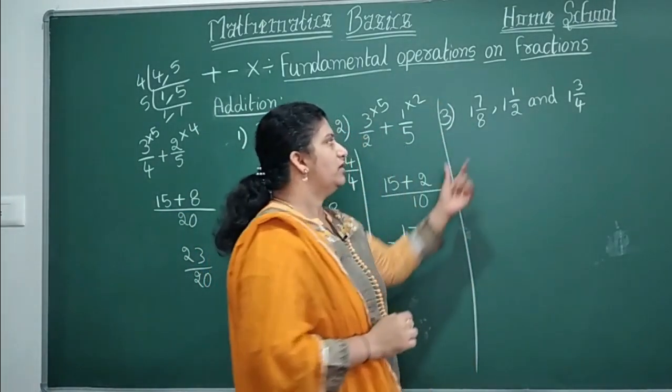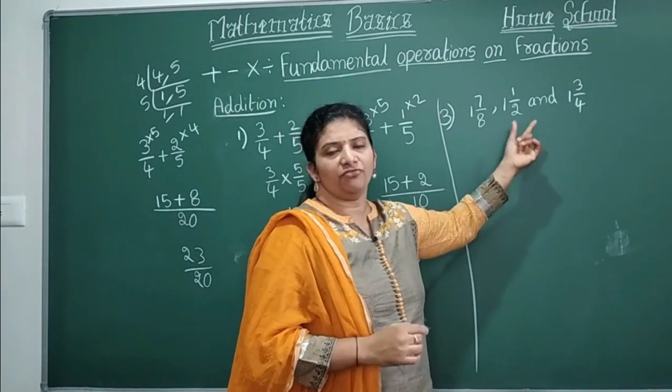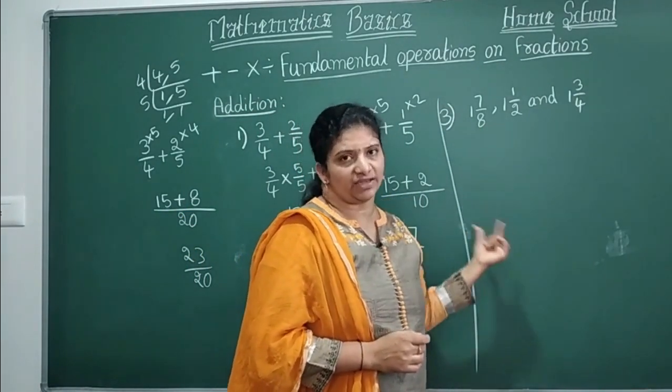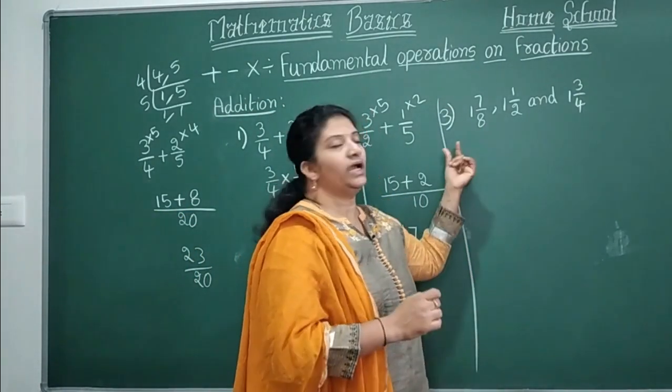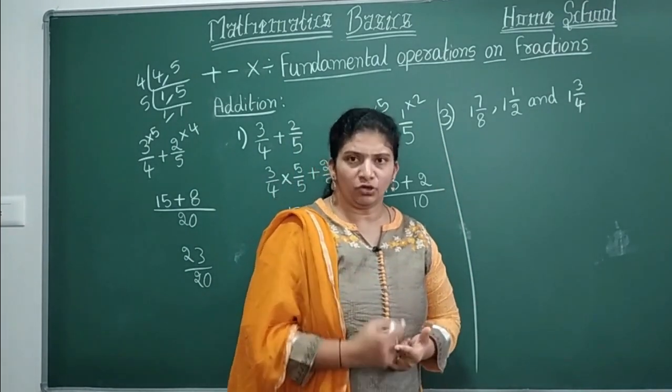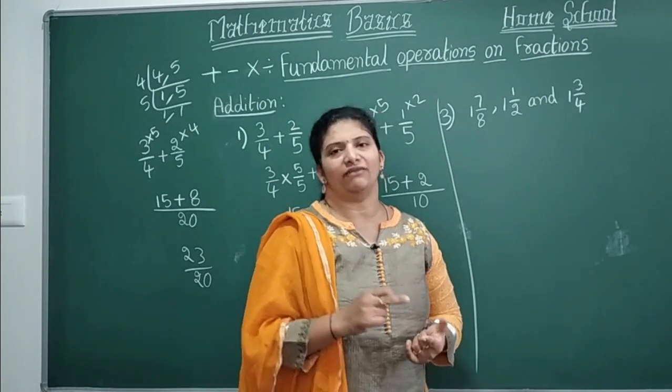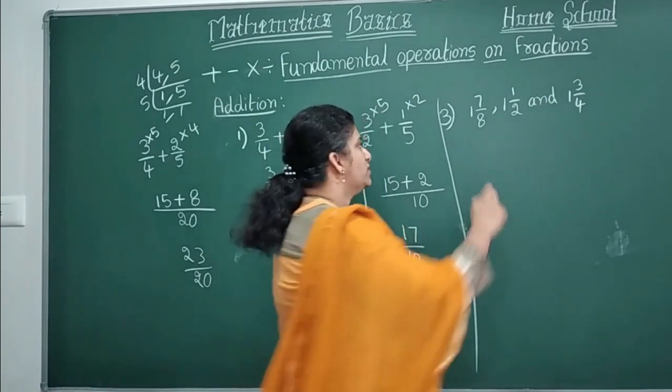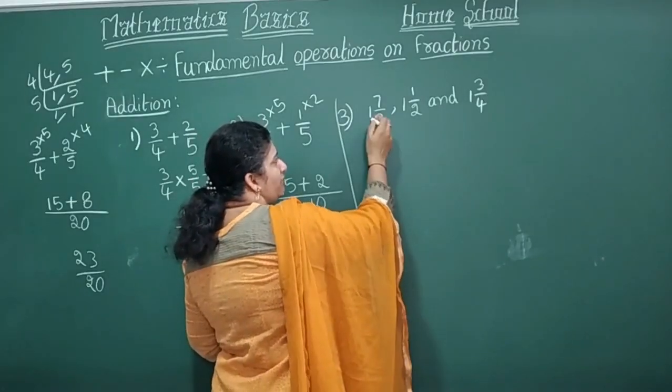So now, observe here carefully. Your fractions are in the form of mixed fractions. Right? So convert the mixed fraction into an improper fraction, then do LCM, and then we have to do addition. So now convert this, children. How do you convert?